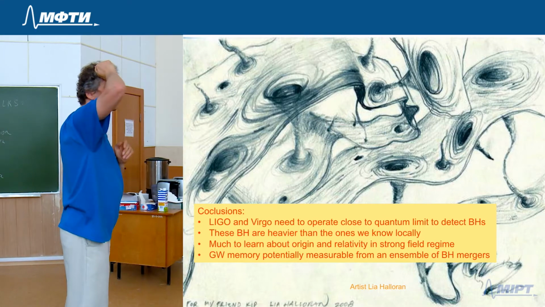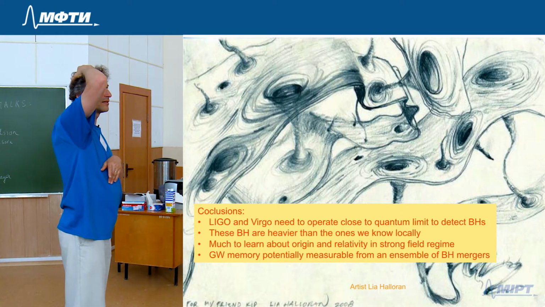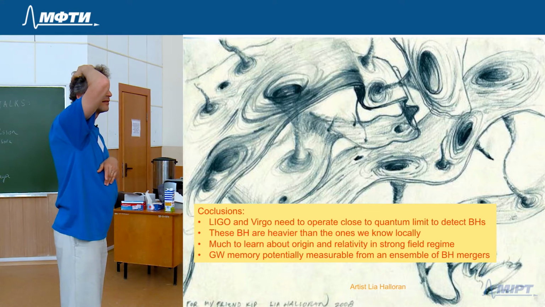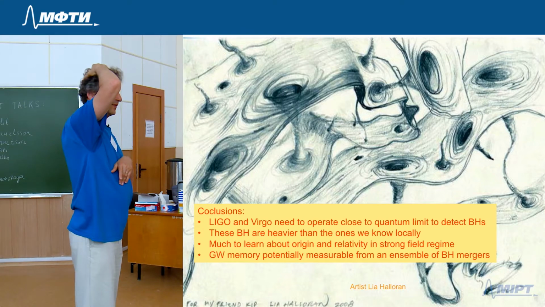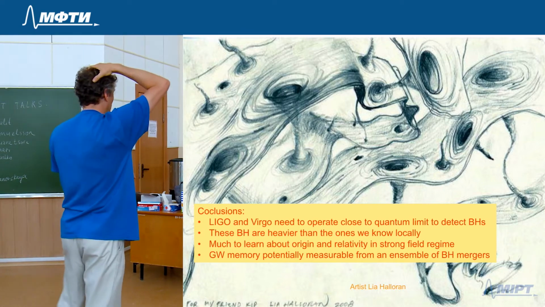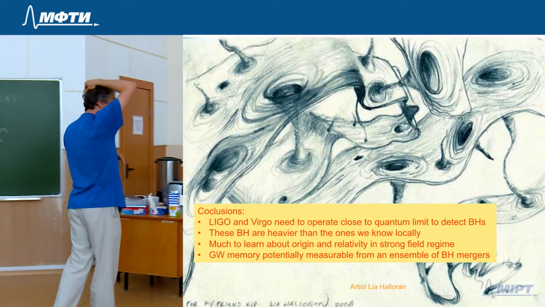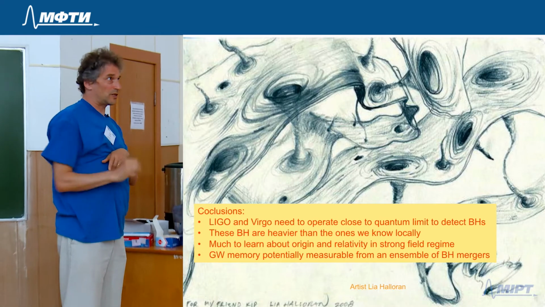I was wondering, do they need an ensemble of mergers? Wouldn't the gravitational memory strain be different for each merger? Yes, that's right, that's a very good question. However, we are talking about mergers which are very strong.